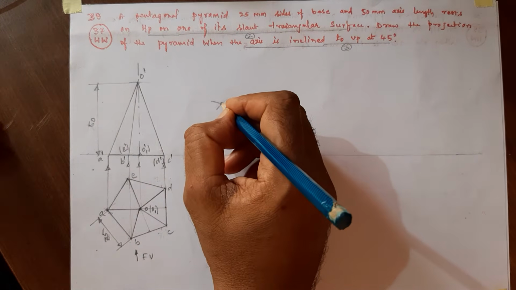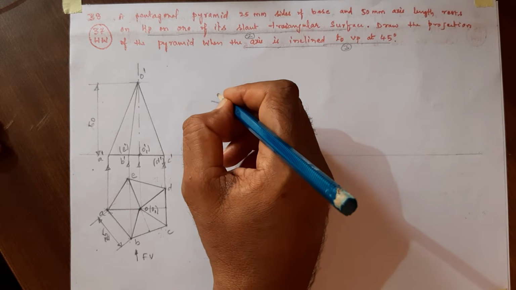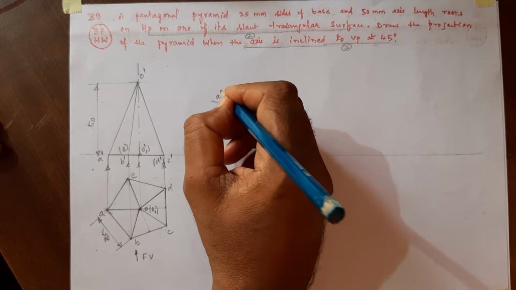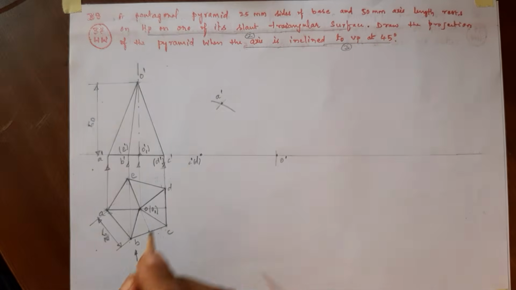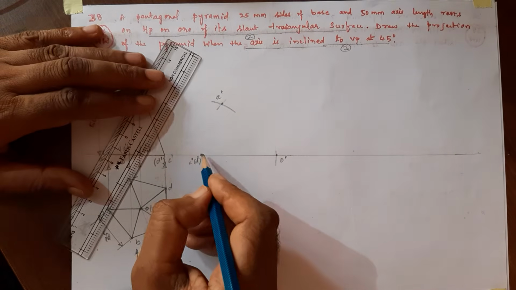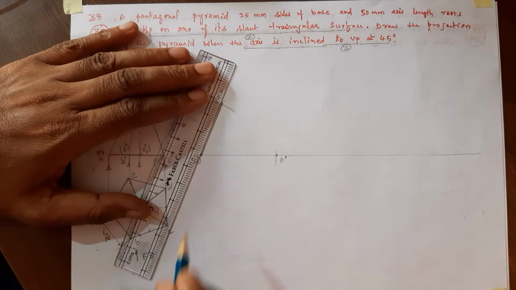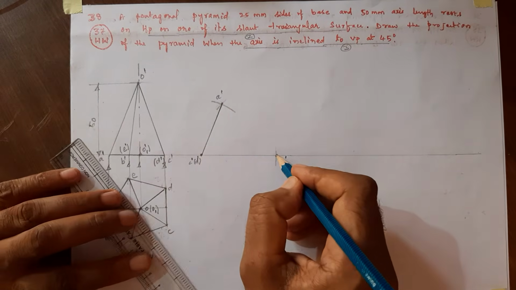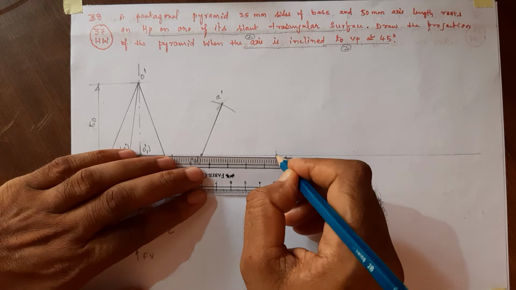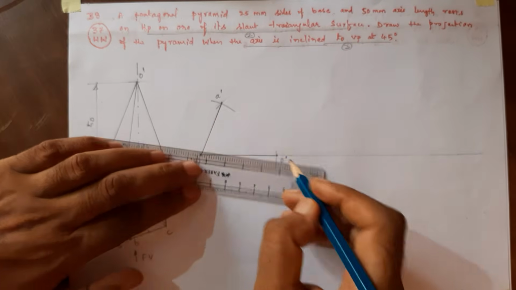Now you will get this point as A dash. Now join all the points. Join all the 3 points.